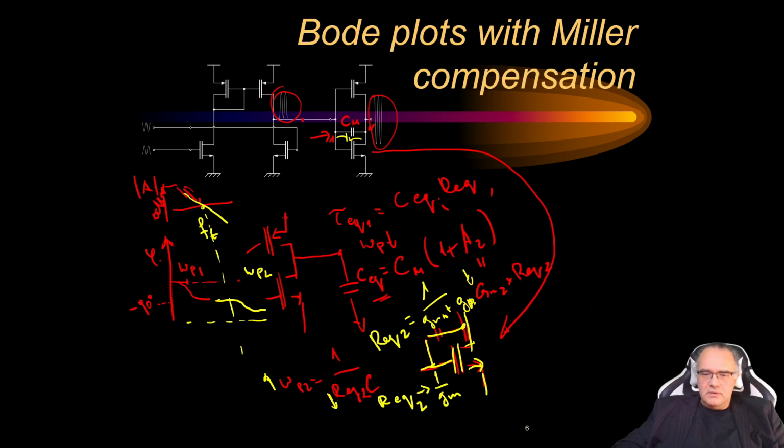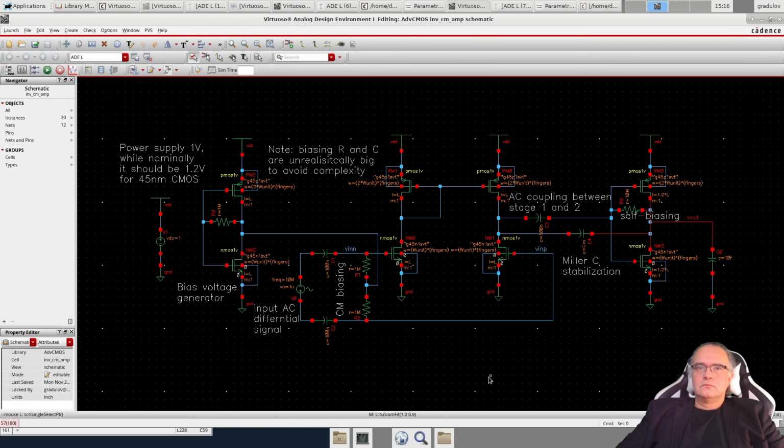Alright, so let's now see an example of how we design these structures. So this is the design that we have. I have already built it in Cadence. How to do this, you can consult with my previous videos. So what we have here is the input power supply, 1 volt.